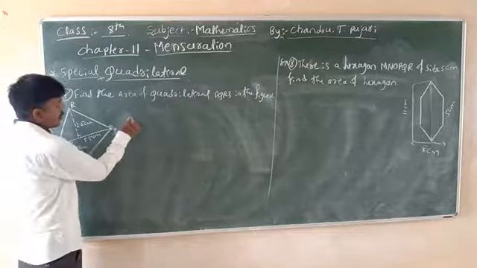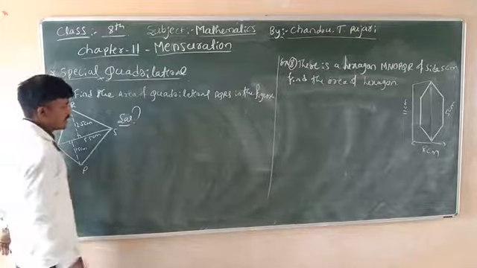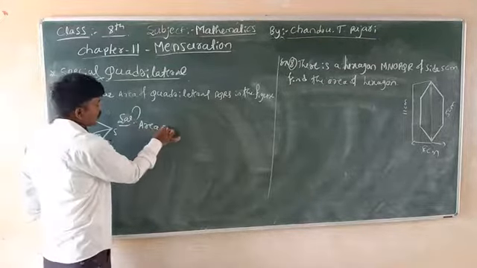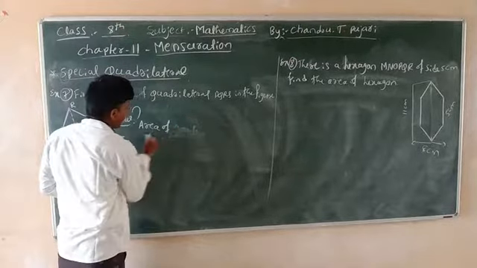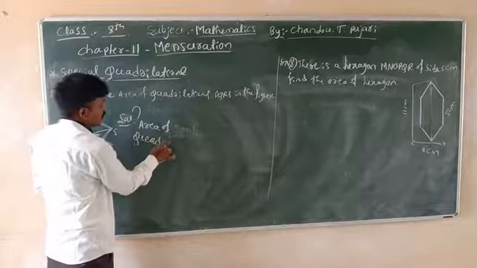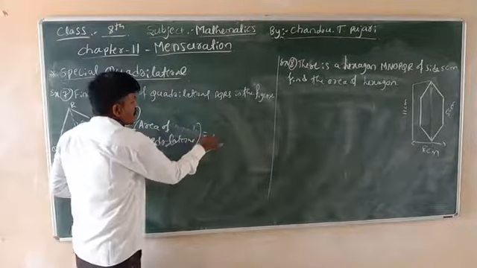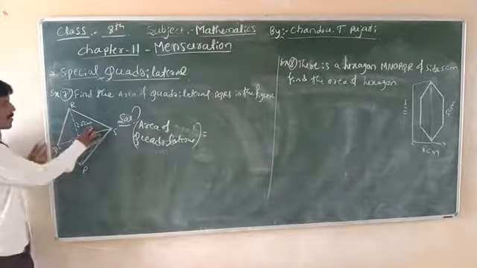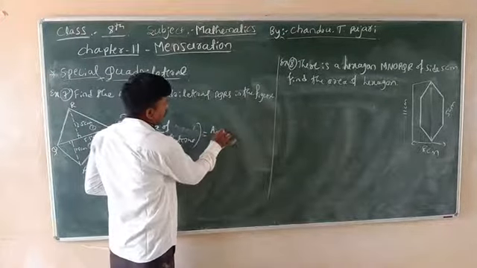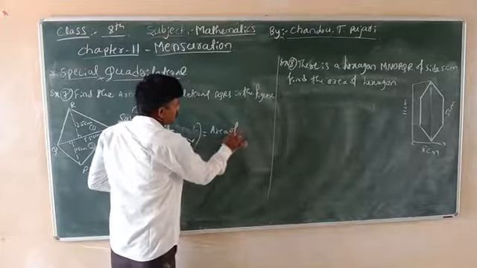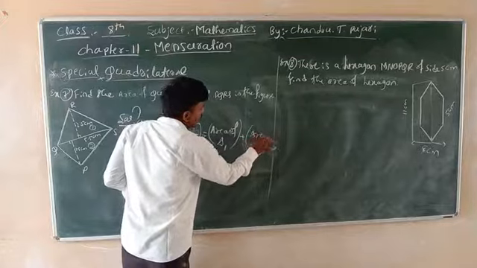Therefore, the solution for a simple quadrilateral: area of quadrilateral is equal to area of triangle 1 plus area of triangle 2.